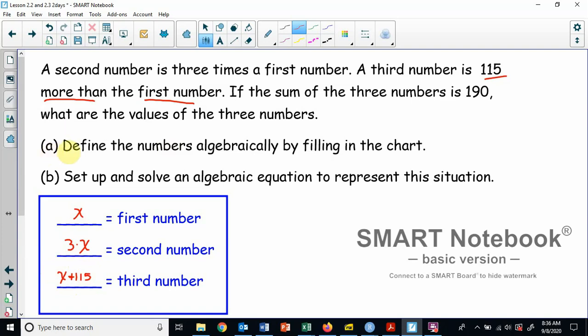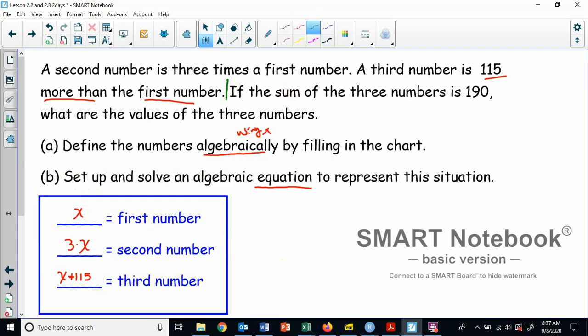So that's part A. It says define the numbers algebraically. That means with equations, using x, and fill in the chart. Now the second part is to set up an equation and solve. So let's see. To set up this equation, what do we know about how the 3 numbers relate?